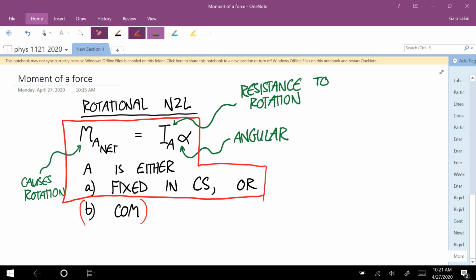Just like in Newton's second law, that's the place for the acceleration. So we have the thing that causes the motion is equal to the body's resistance to the motion times whatever the form of acceleration in both of these two equations. So it makes it really easy to remember this if you think of it in terms of the analogy with Newton's second law.